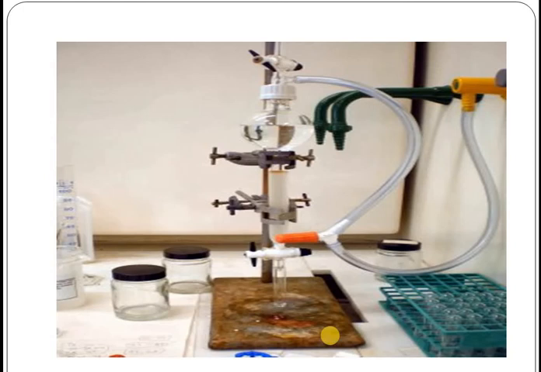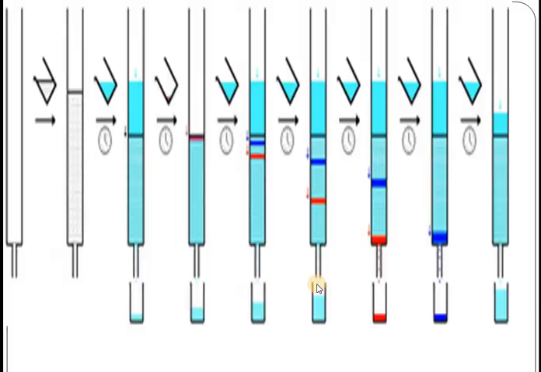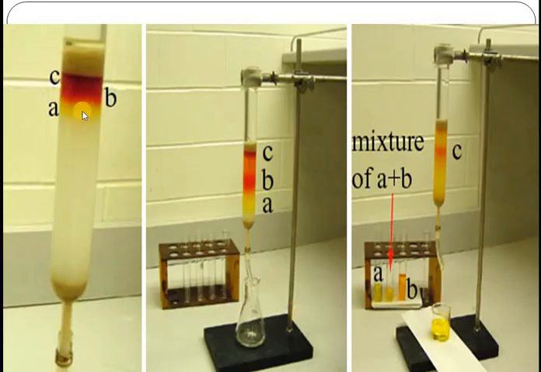This is the common technique, column chromatography. Here is the mixture in the column, A, B, and C, used for elution. After some time, the mixture is separated into C, B, A, after complete separation by column chromatography.